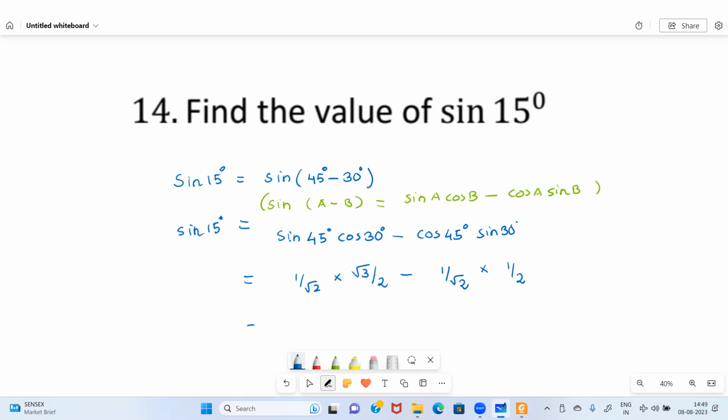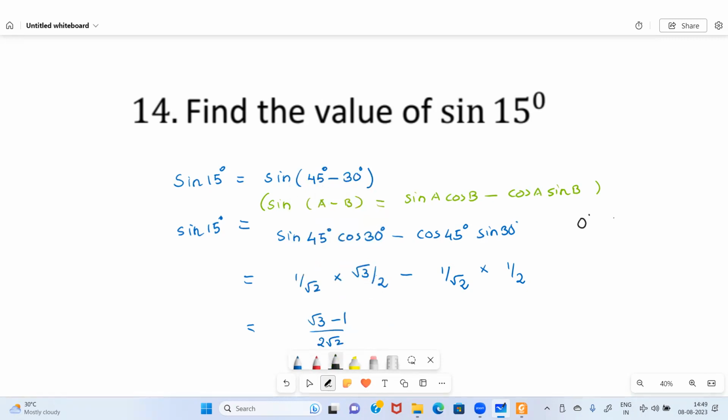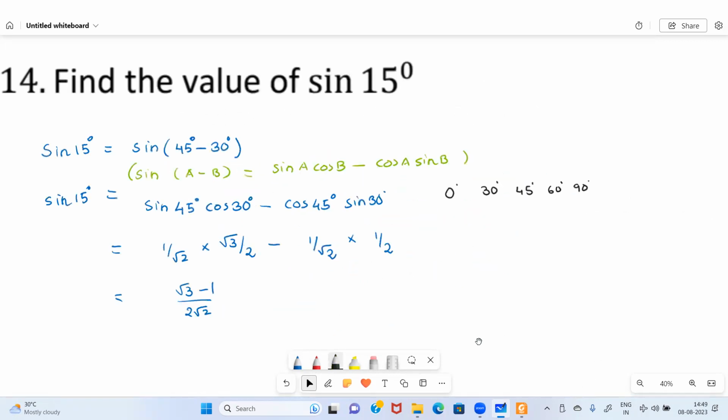You must have the tables which you had learned in 10th in your fingertips. So this becomes root 3 minus 1 by 2 root 2. Right? I hope tables are clear with you. Let me just quickly write it for you once. 0 degrees, 30, 45, 60 and 90. The basic angles. All right, students.